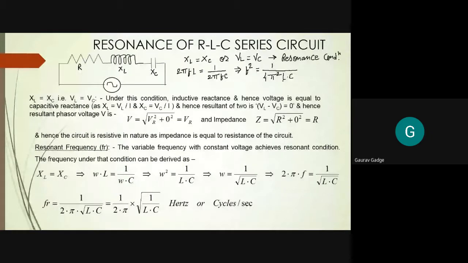But what I need is just the expression for frequency. That frequency can be written as, when I take the square root of the left-hand side, I have to take the square root of this parameter too. So the square root of 1 upon 4π square is 1 upon 2π, multiplied by the square root of L into C. So this is the frequency equation when we have XL equal to XC, called the resonance condition.